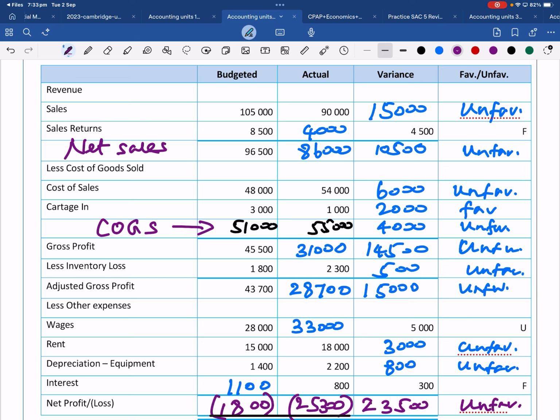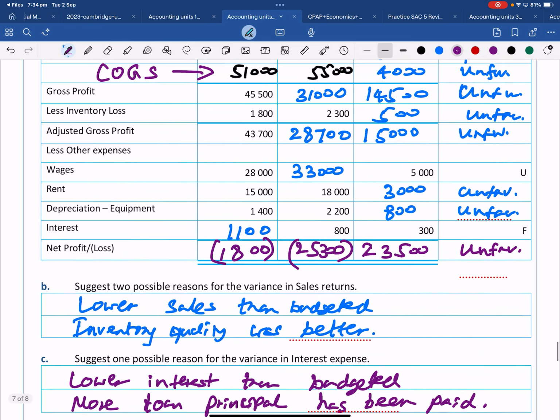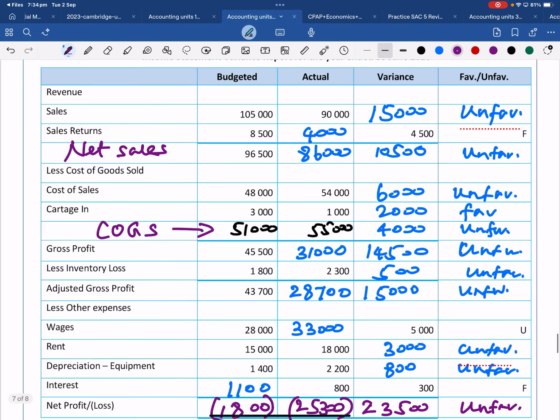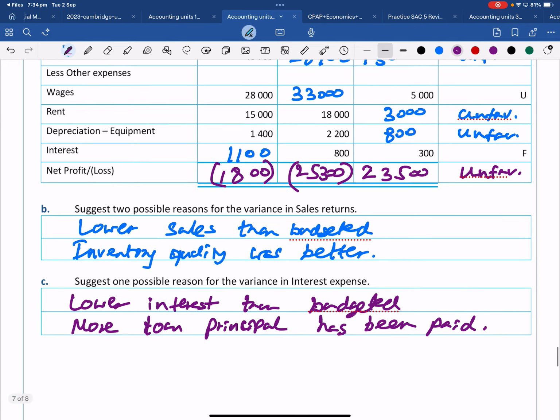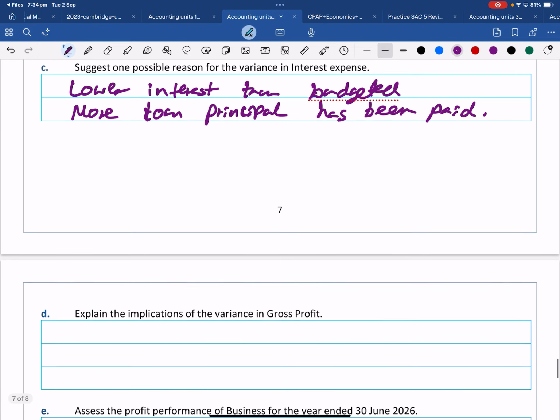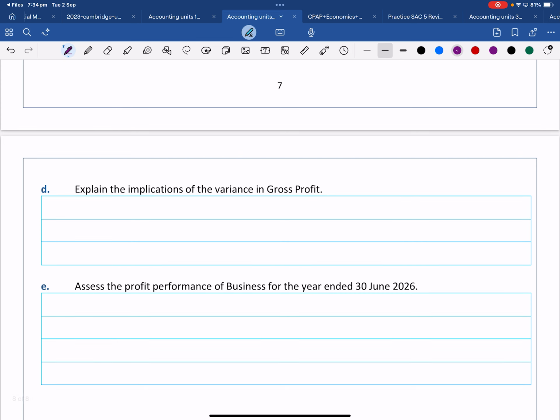Implications, not the reasons. The negative effects. Because of that, what happens next? That's the implication, good or bad, usually bad. So it results in lower net profits. It will contribute to a net loss. We will not be able to cover the expenses.